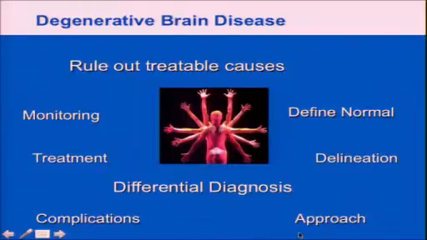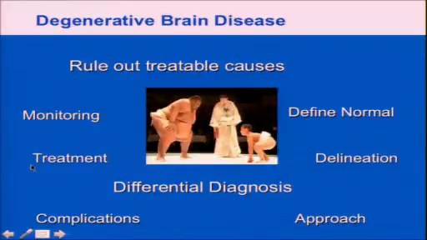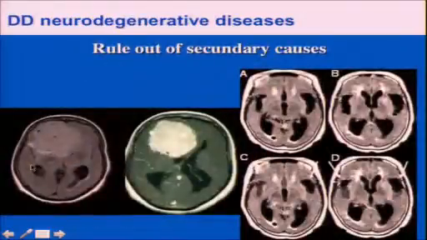If there's an approach for a surgical intervention, for example, or for a radiation therapy, then we have to help with the approach and the treatment planning. We have to monitor for complications based on treatments, and if there's treatment available, provide treatment monitoring. So it's a very complex scenario where imaging can be used in neurodegenerative diseases, and it can sometimes be very difficult, which I would also like to outline.